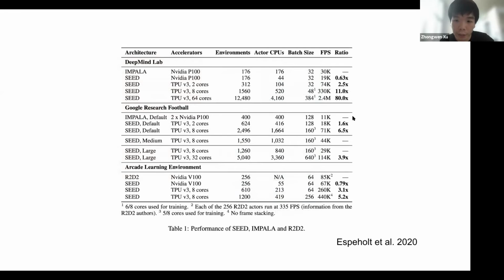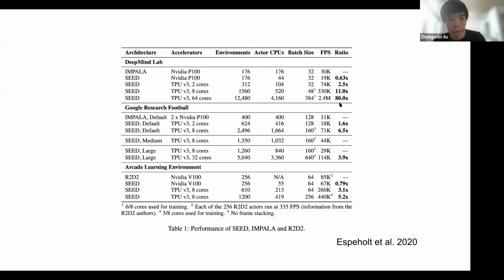We can see a summarized table here. As you may notice, this column is what kind of hardware they are using, and these are many different kinds of specs. How many environments, how many CPUs they are using for this kind of experiment. And on the final column, you can see the ratio of the speedup over their reference.